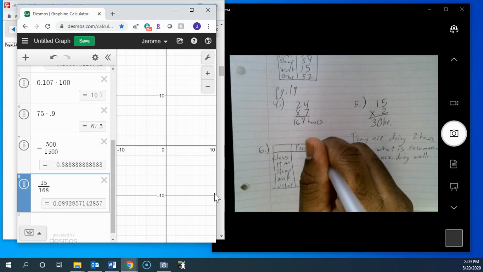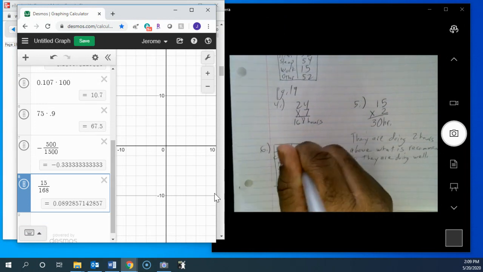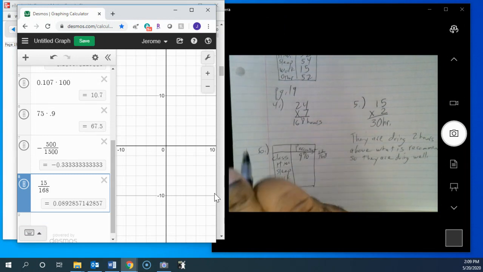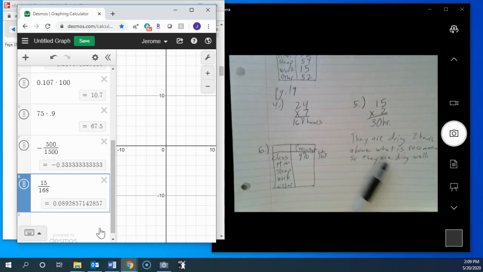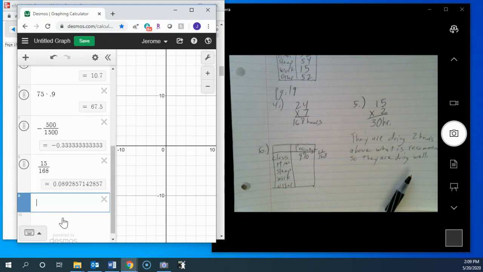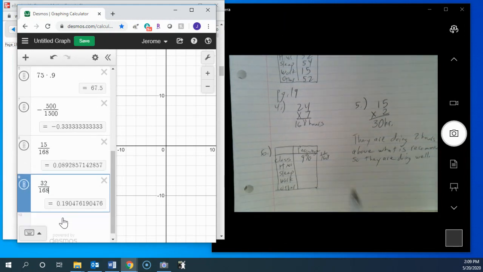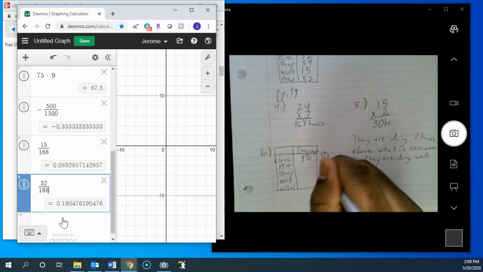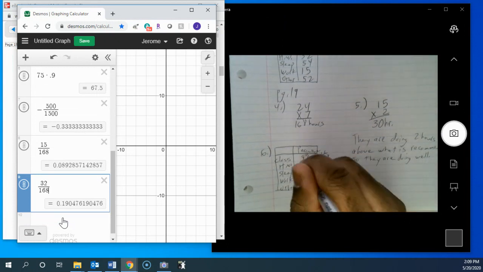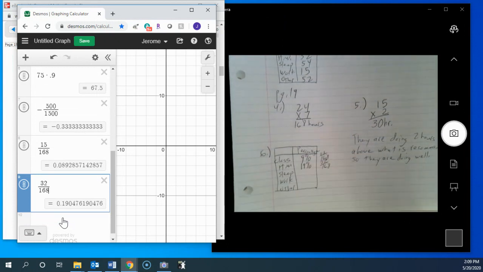Because we know with a percent, we have to take this value, round it to 2 decimal places, and change it to a percent. Then next, the homework is 32 divided by 168. Rounded to 2 decimal places, that would give us 19%.